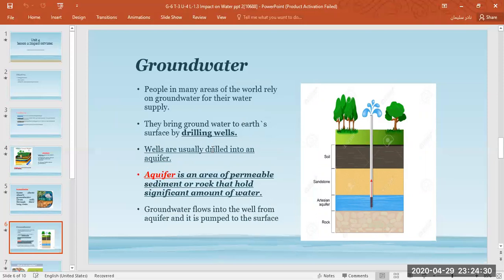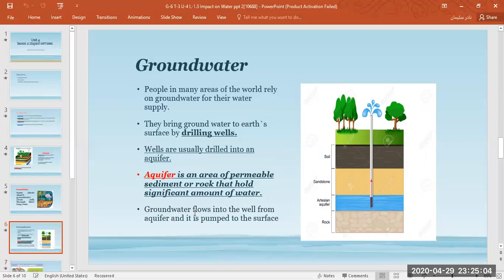This area is made up of permeable rocks or sediments like sandstone, and it holds a significant amount of groundwater. So when we ask you, where can we find the groundwater, what's the name of the layer under the ground that holds the groundwater? It is the aquifer.